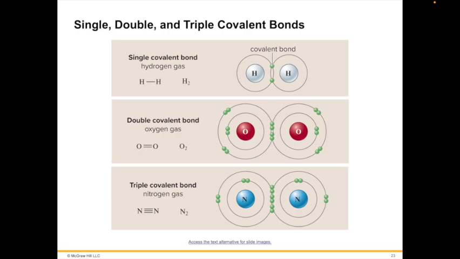The structural formulas of hydrogen gas and oxygen gas are, as you see, H-H and O=O, respectively. And their molecular formulas are just a bit different, and are those shown here. So you have H2, O2, and N2. So there you have it: single, double, and triple covalent bonds.